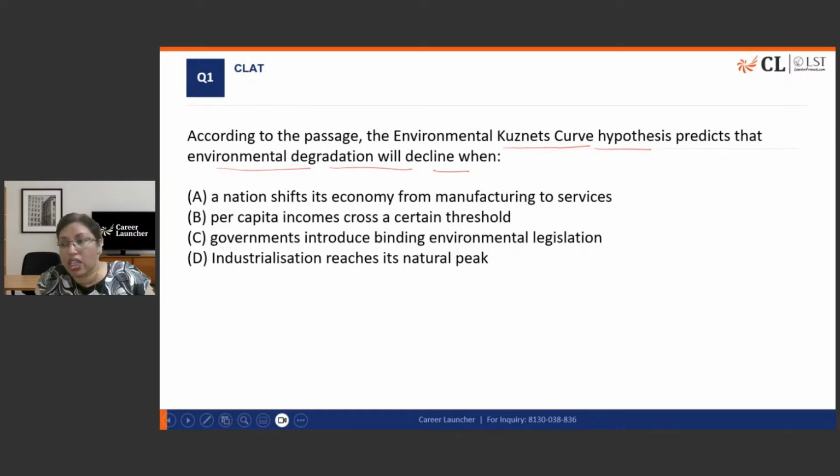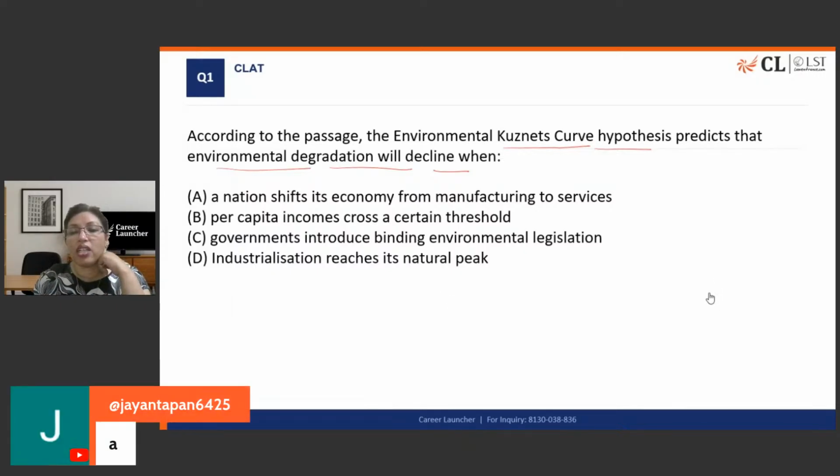Which of these is the correct answer? The correct answer here is Jayanta. Jayanta says A is the correct answer. Anyone else who has the answer?